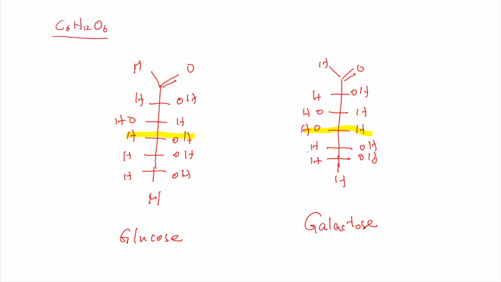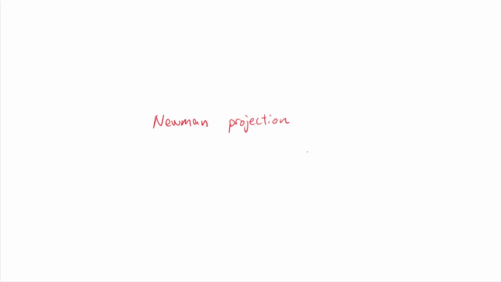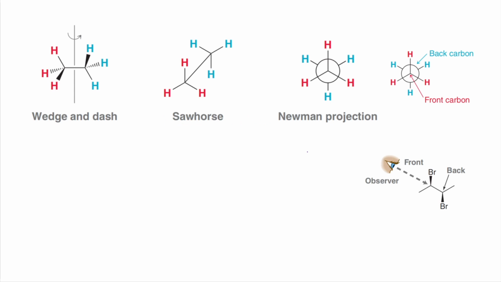Also going to learn this in Ochem class. Okay, and now we're going to go through some new things. So Newman projection. The Newman projection is a way of drawing a molecule, a way to present a molecule.